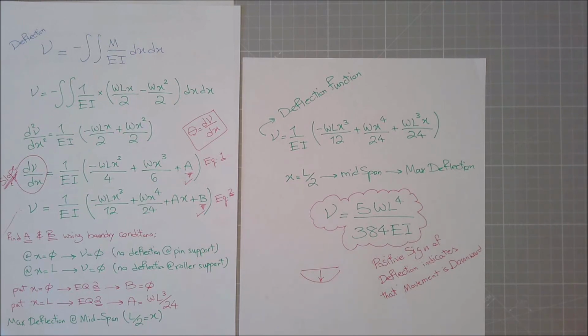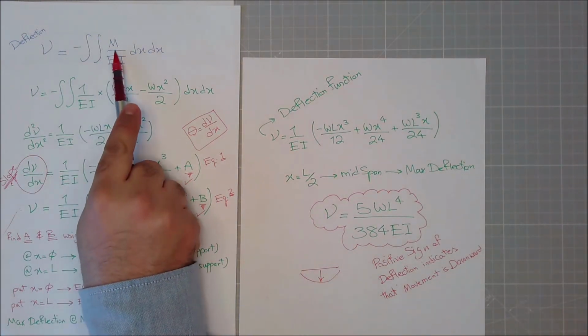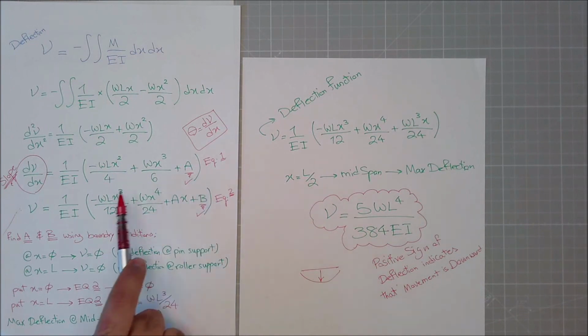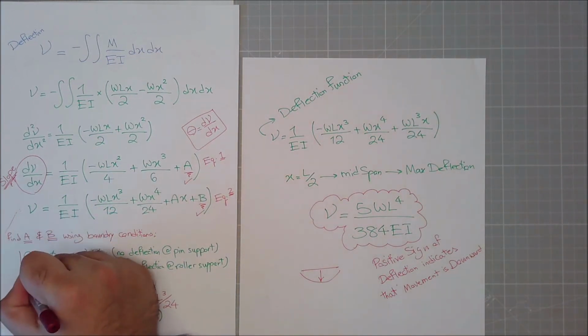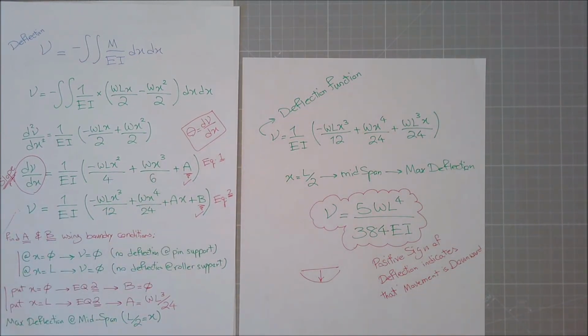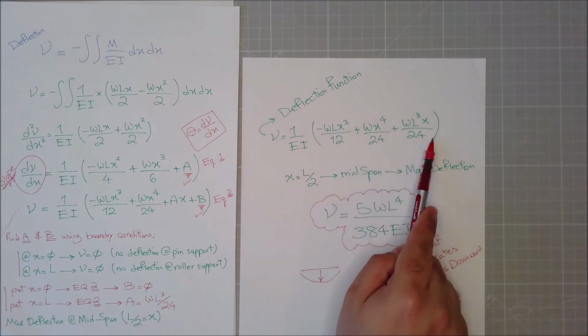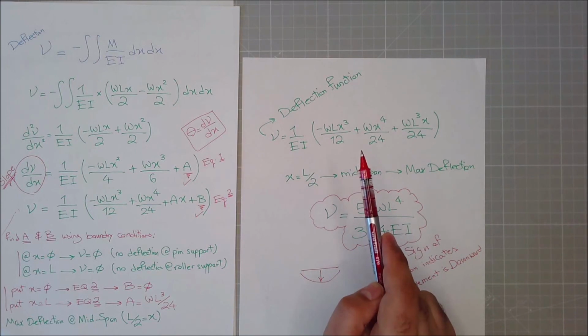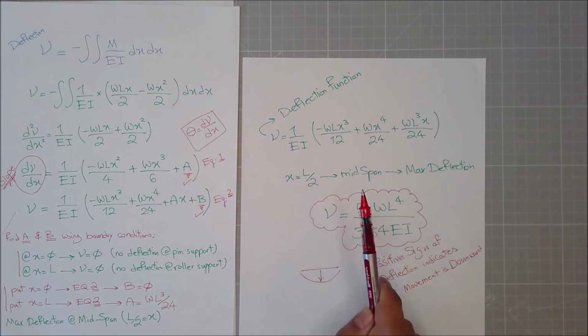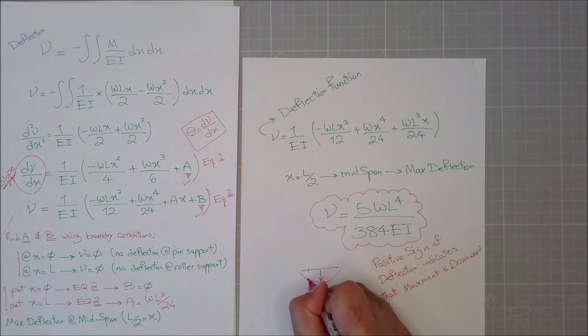As simple as this. As long as you figure out what is the moment function and you figure out what are the boundary conditions, you can simply get the function of deflection. Any x that you put in this formula, you'll get the deflection. We put L divided by 2. You can put x equal L divided by 4. Then you'll find what is the deflection here.